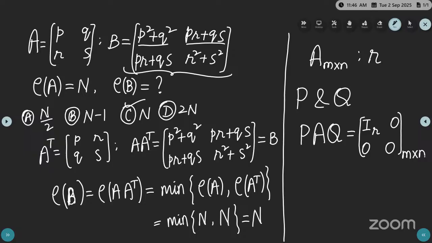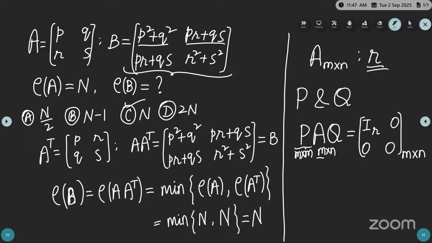Listen, A is of order m by n and its rank is small r. P, non-singular, means it must be a square matrix. Since A is of order m, P must be a non-singular matrix of order m by m.